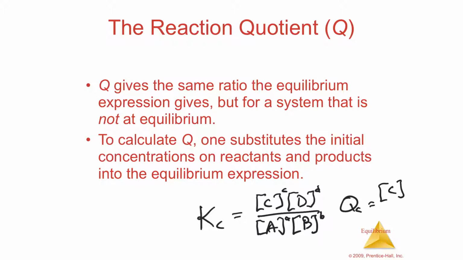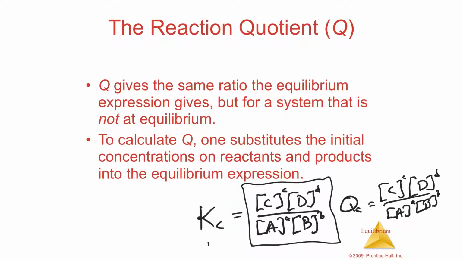You're going to put the concentration of C and the concentration of D, raised to their powers, over the concentration of A and the concentration of B, raised to their powers. The only difference is that for K these concentrations are all at equilibrium, and for Q these are at any time. So I have no idea where I am. I'm just going to let it percolate for a while, and after a while I'm going to take a reading.